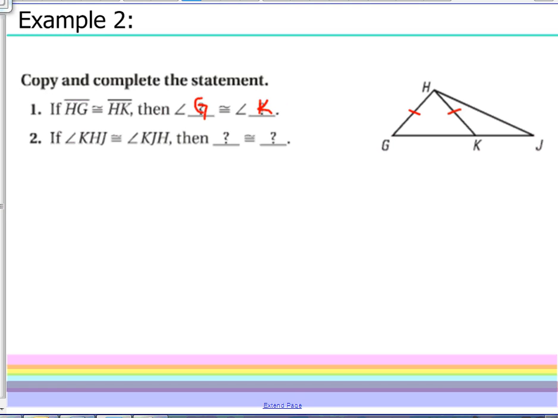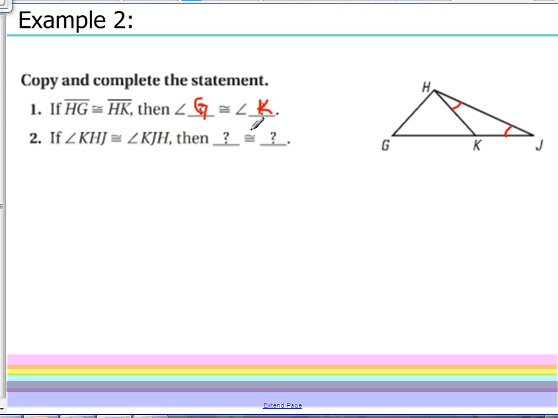Now it's stating if angle KHJ, so we have KHJ right here, I'll erase the ones from the previous, is congruent to angle KJH, so KJH over here, then they're asking what sides are congruent.